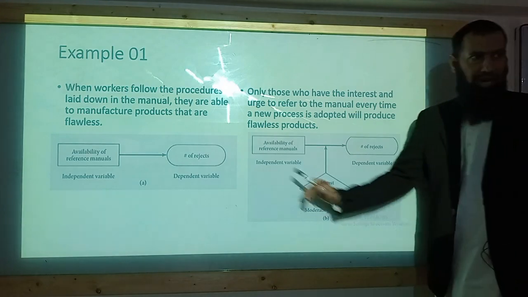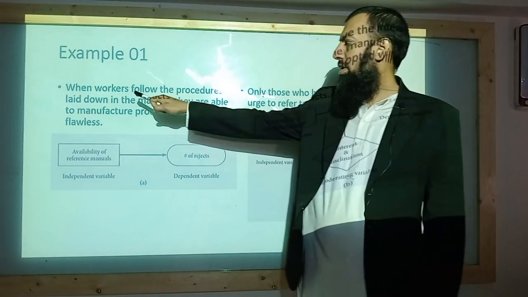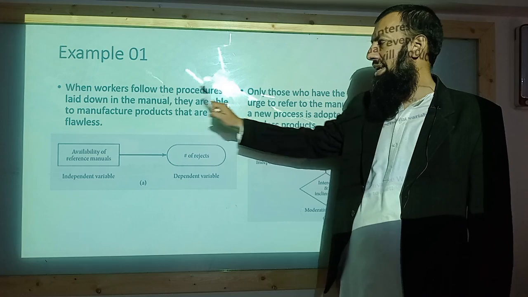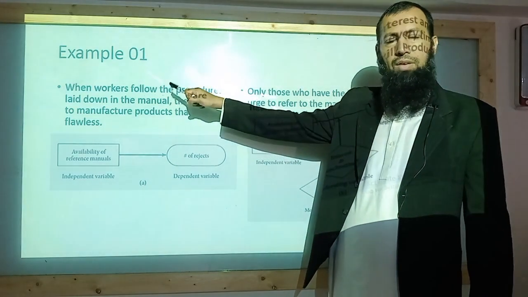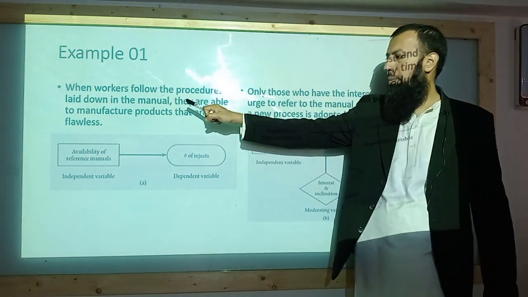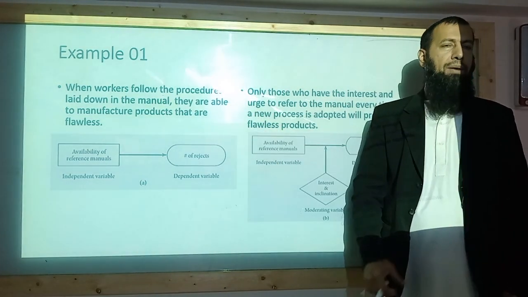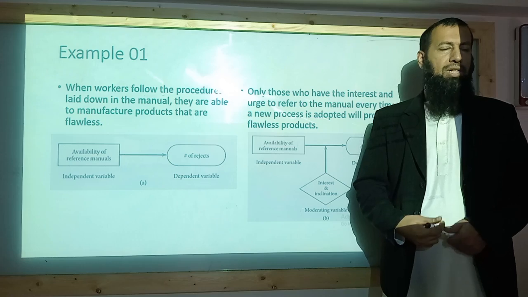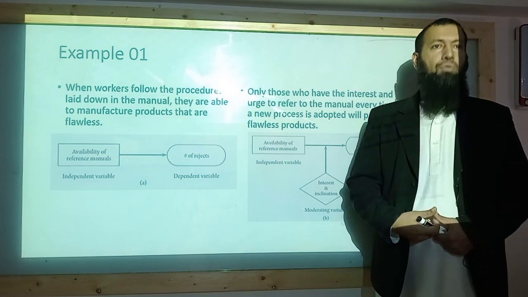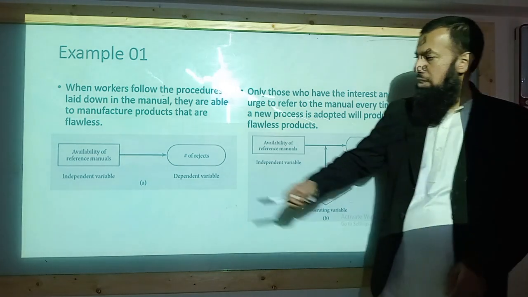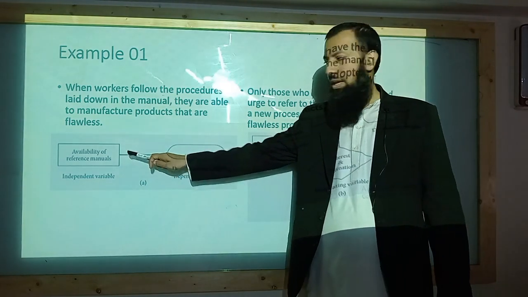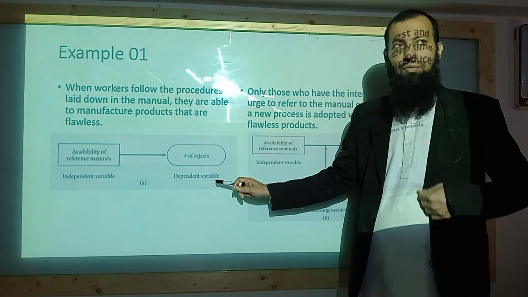Okay, let's learn with the example. When workers follow the procedures laid down in the manual, they are able to manufacture products that are flawless. So you see, availability of reference manual and number of rejects.